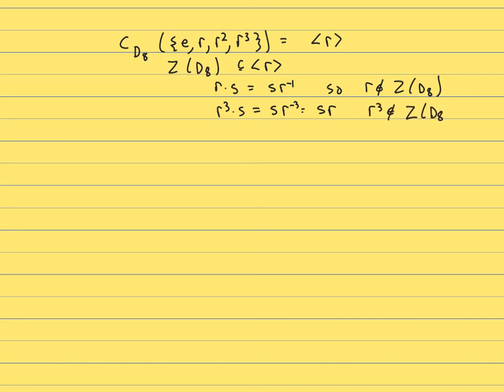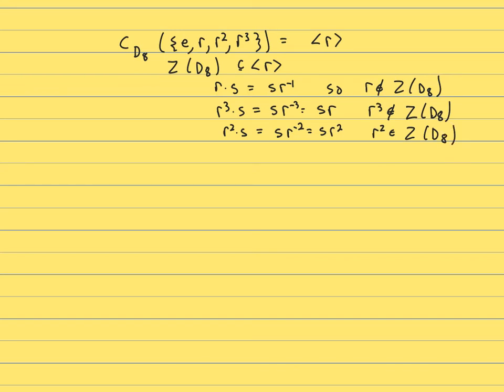You might be tempted to think that the center's trivial, but there's one exception. If you multiply by R squared, what do you get? SR to the negative 2, but R to the negative 2 is R squared because we're working in D8, which means we're working with the symmetry group of the square. And so actually, R squared might work.